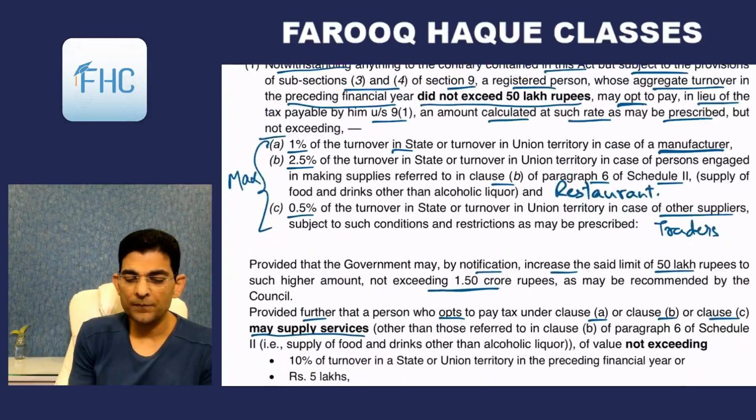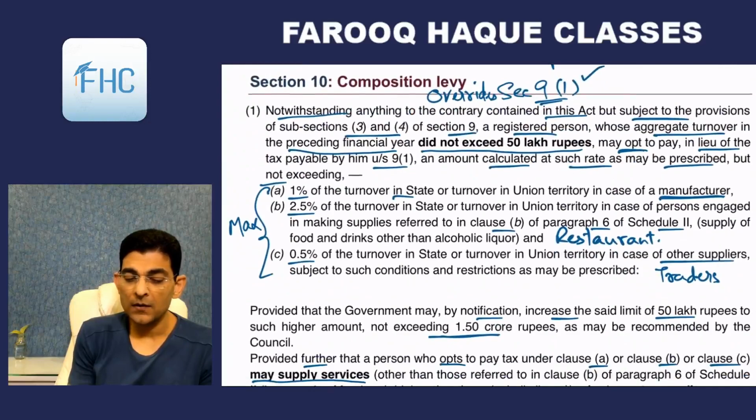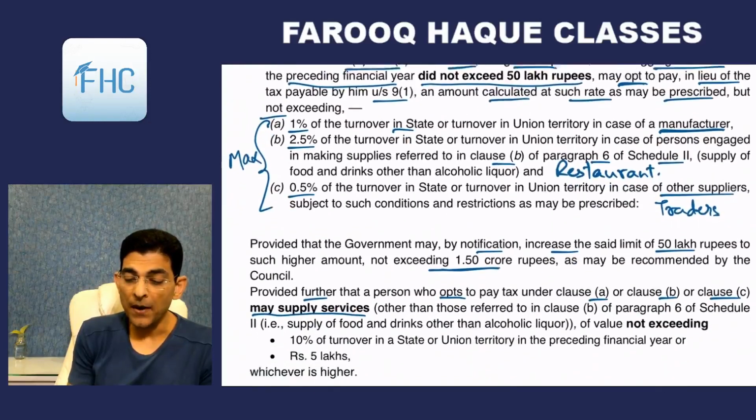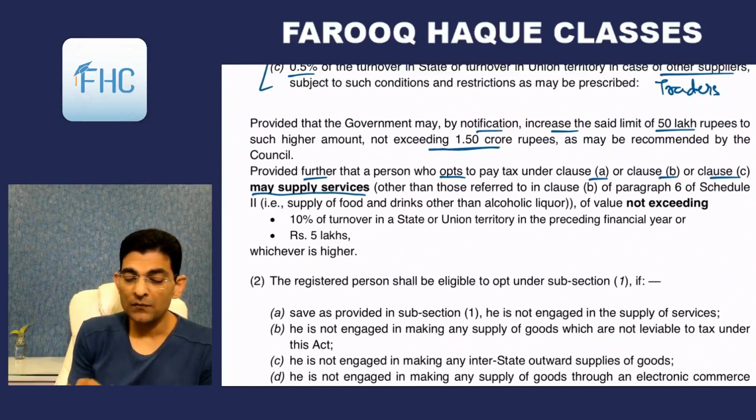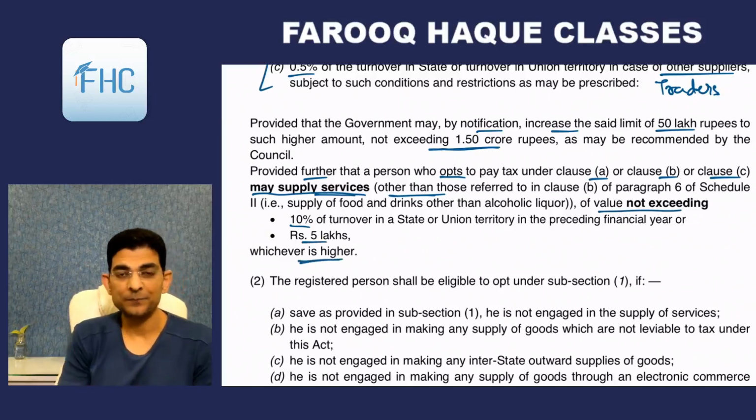Otherwise it is all goods. But from 2019 they have inserted this proviso which says that you may also supply services other than restaurant, of value not exceeding 10% of turnover in a state or union territory, or 5 lakhs, whichever is higher.